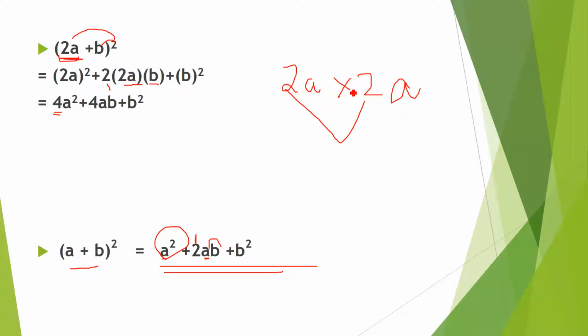And then in multiplication, you have to add the exponent. Each has exponent 1, so it will be 4a square. And then you have to multiply 2 times 2 times 1, 4ab, plus b square. Right? Okay.